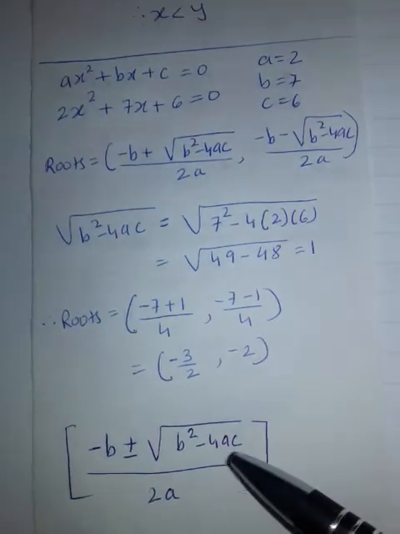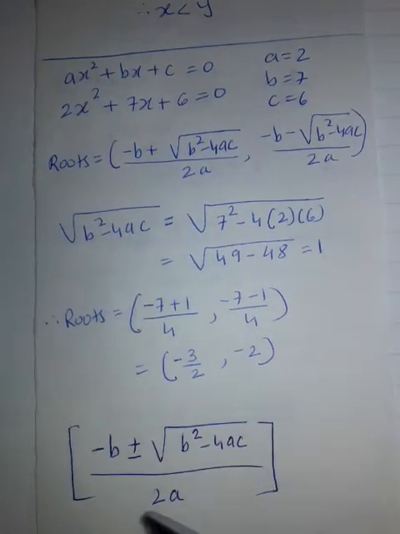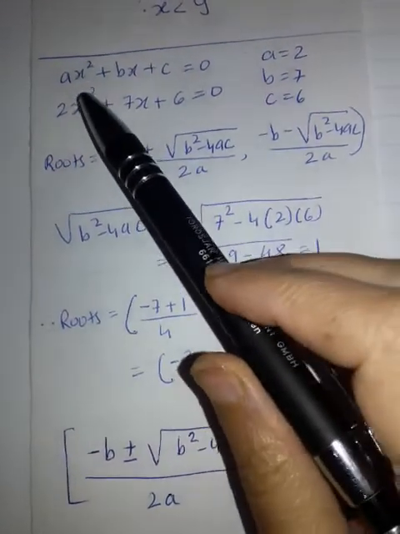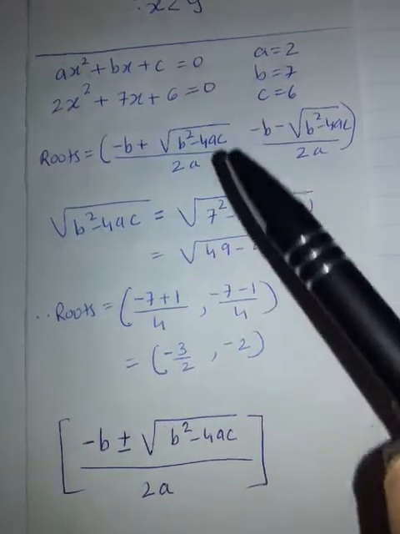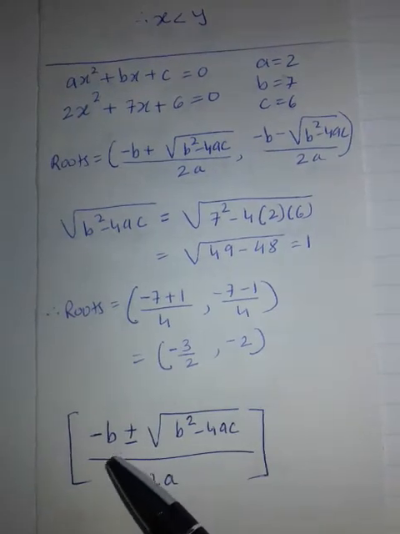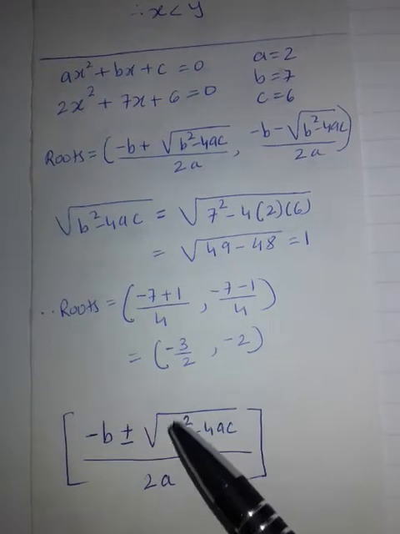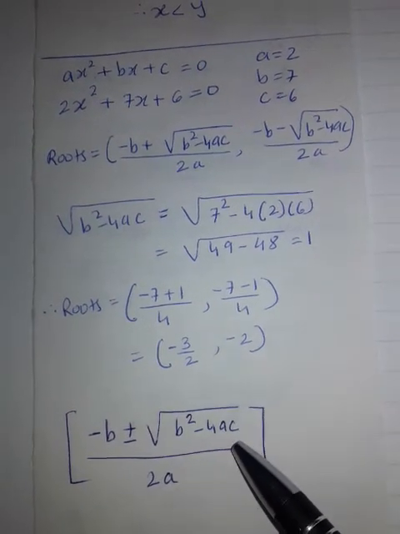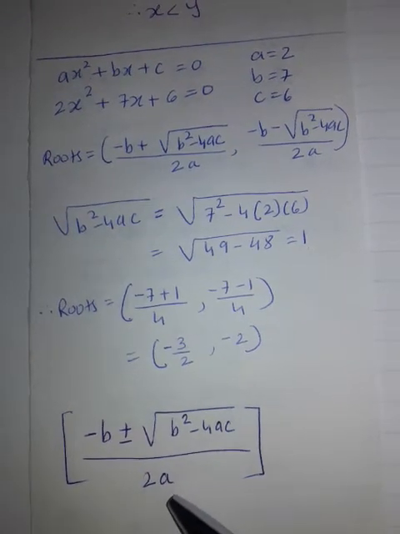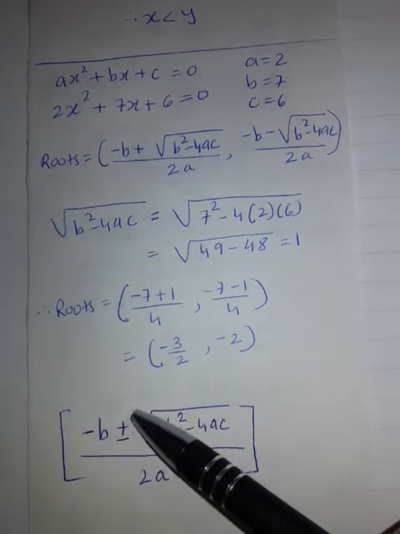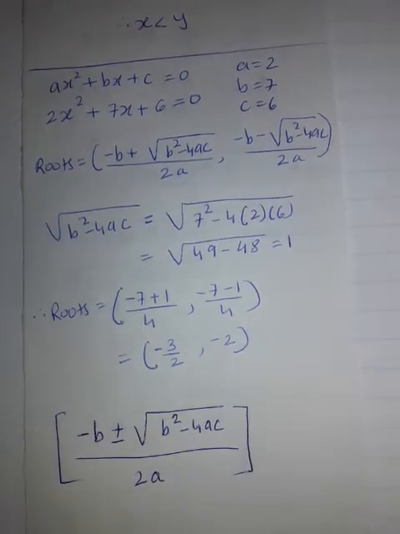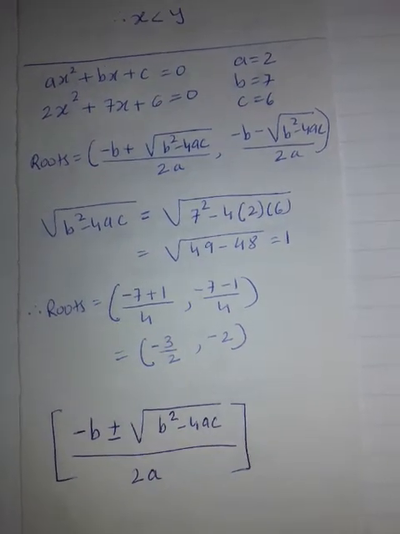In your school you have already learned this formula. If the equation is ax square plus bx plus c equal to 0, then the roots are minus b plus or minus square root of b square minus 4ac upon 2a. What is this plus or minus? There are always two roots of any quadratic equation.